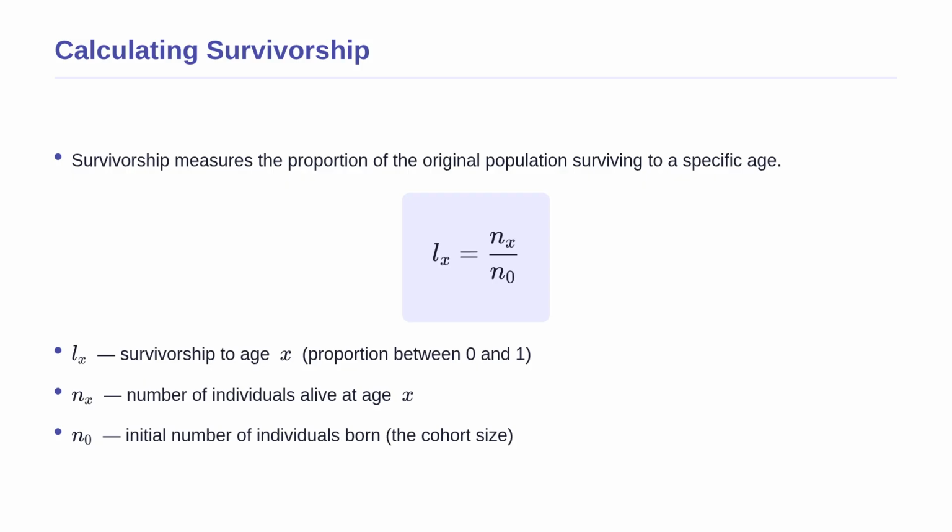By dividing the current survivors by the starting number of babies, we get a proportion. If lx is close to 1, almost everyone survived. As age increases, this value must always decrease because individuals can only die, not come back to life.